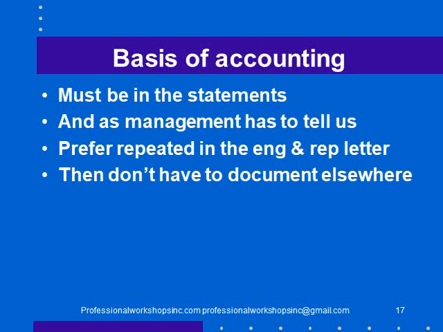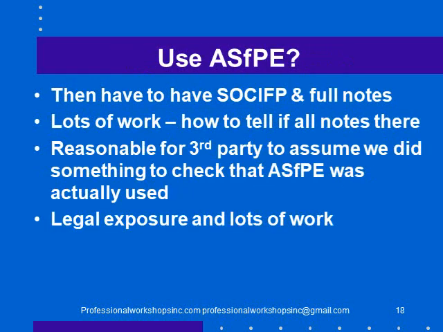But in the engagement letter, they're telling us the basis that they've selected, and in the rep letter, they're confirming that that's appropriate for this year. And then we don't have to document it elsewhere. Now, one of the things that apparently is happening is some accountants are saying, well, the basis of accounting is Canadian Accounting Standards for Private Entities.